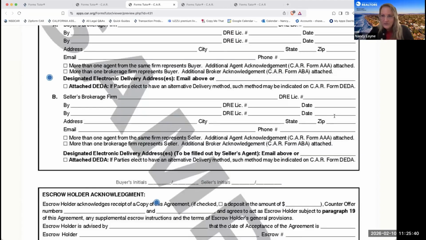Okay, one question. What happens if the seller is an investor and is not cooperating to give invoices for repairs? How many days can you hold escrow for, or how can we pressure him? Well, that's a demand to perform. It's a demand for seller to perform. You would give him a notification to perform.